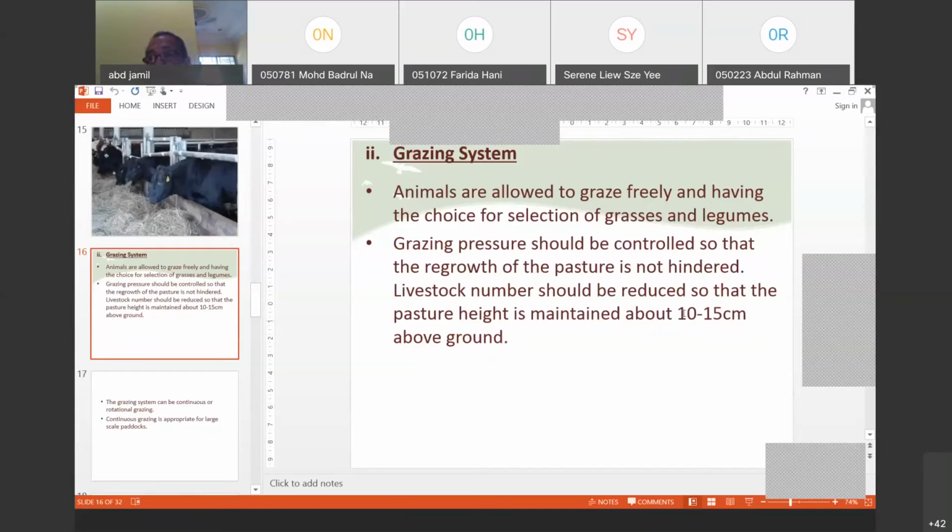That's why we need about a 10 to 15 cm stump. After the animal grazes, that 10 to 15 cm above the ground will serve as food reserve for the grass to regrow again. If you cut too low down, the rate of regrowth is going to be slower.